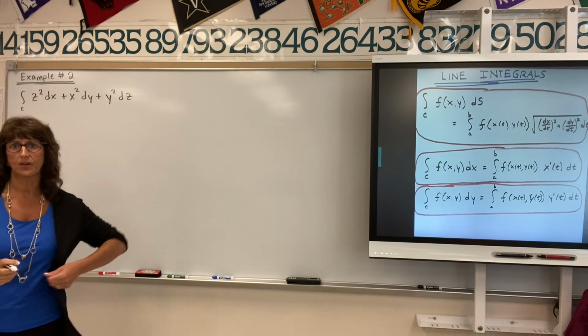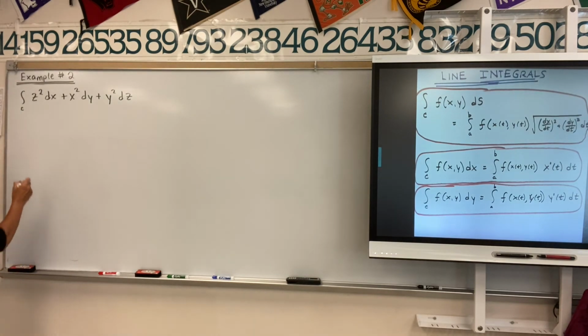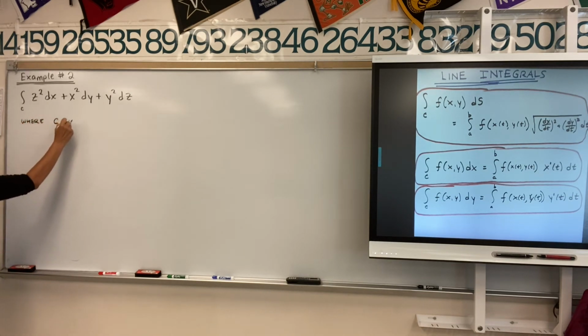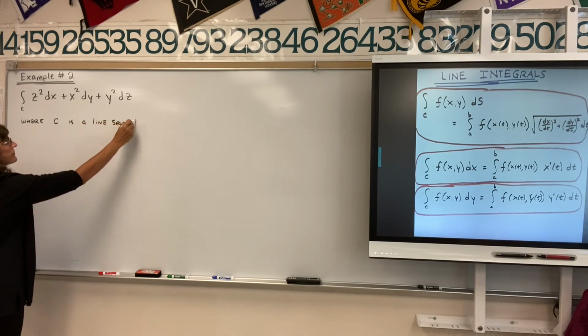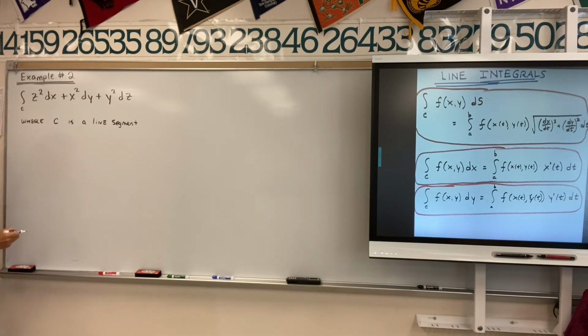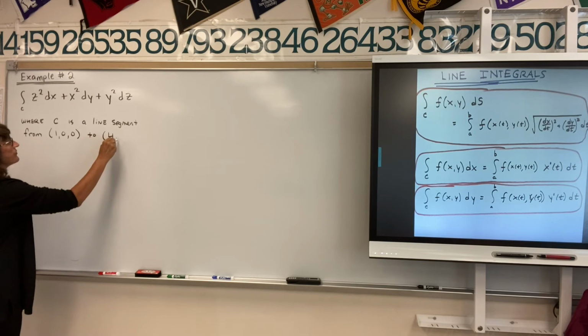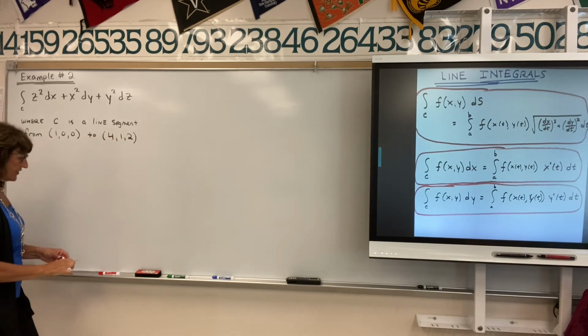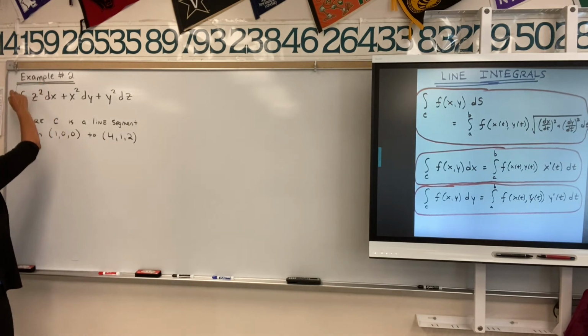So here's our integral expression, and C is a line segment again, where C travels from (1, 0, 0) to (4, 1, 2). So let's take a look at this example.